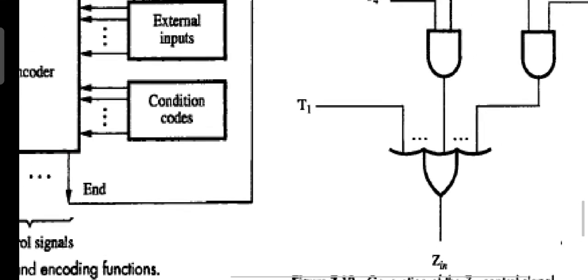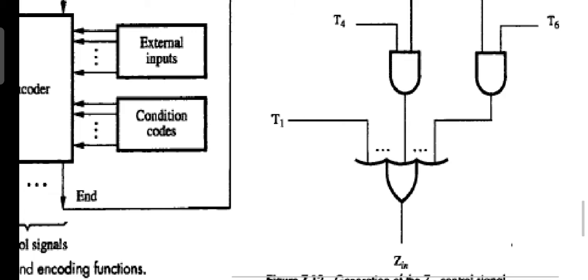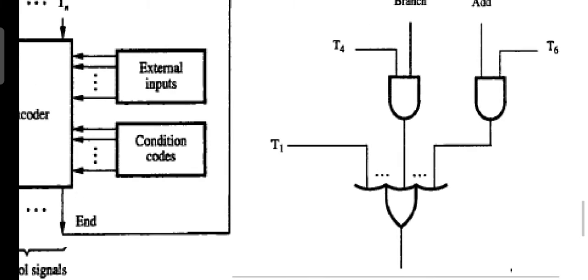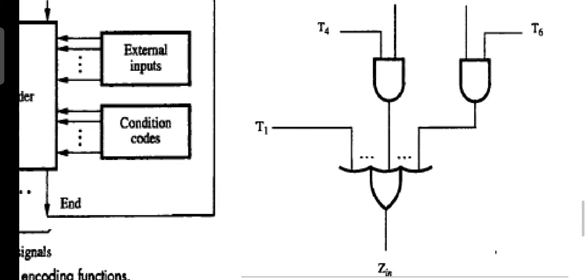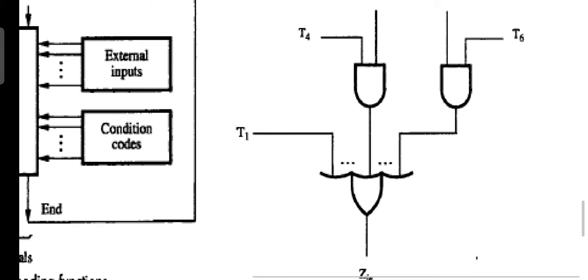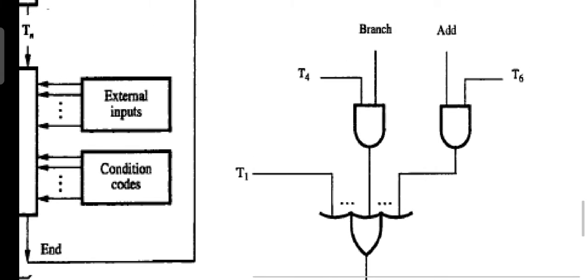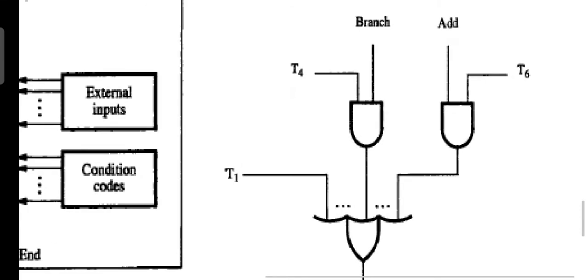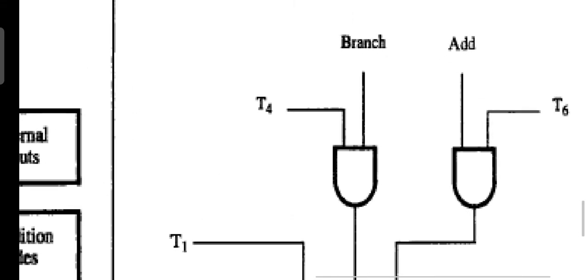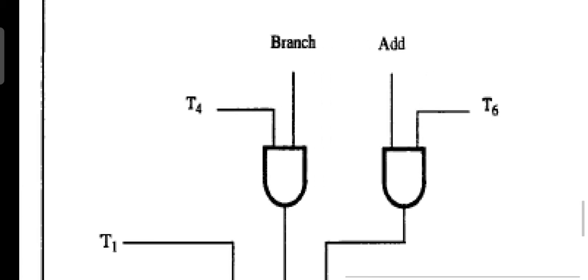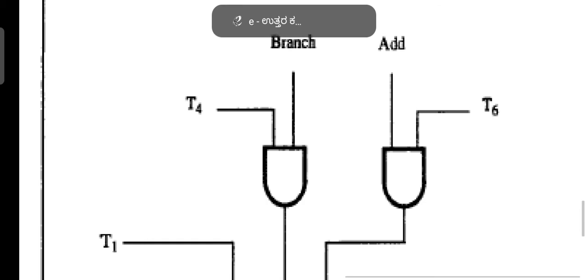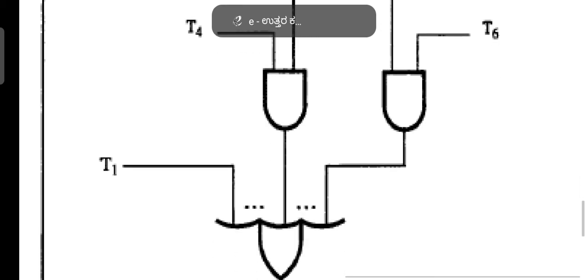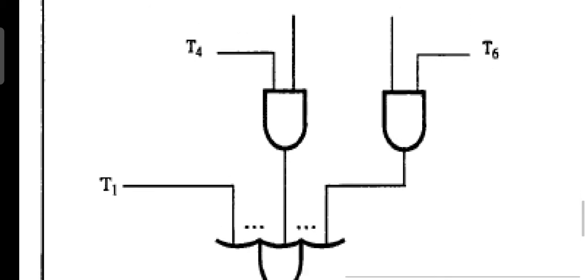See here, Z in, this is just an example. So a multi-input OR gate you can see. How is Z in generated? T1 in OR operation with an AND gate, you can find T4 and branch instruction. One more AND gate we have, T6 along with the outcome of the add instruction.